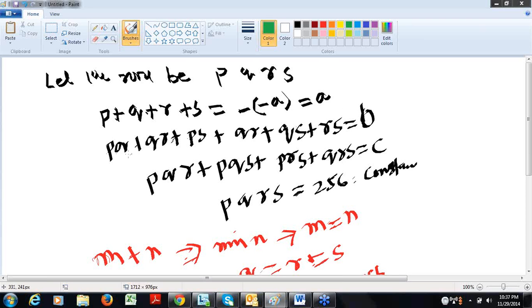Now the sum of two of the roots, PQ plus QR plus PS plus QR plus QS plus RS, will be B. And the sum of the triplets of the roots, PQR plus PQS plus PRS plus QRS, will be equal to C. And the multiplication of the roots, PQRS, will be equal to 256, which is a constant. Got it, everybody, till now?